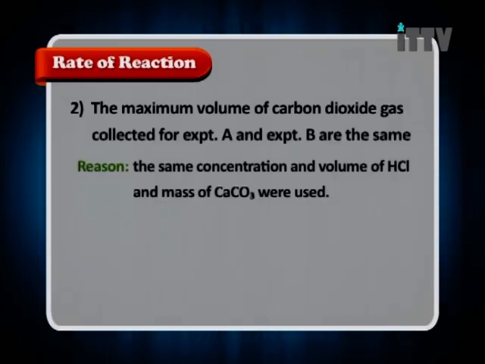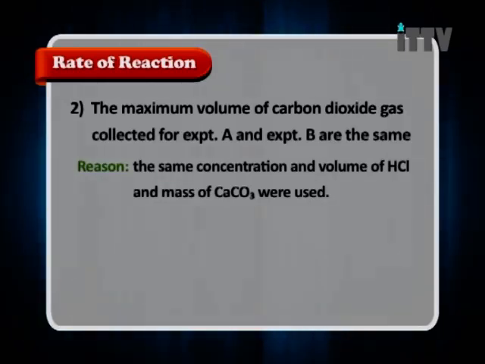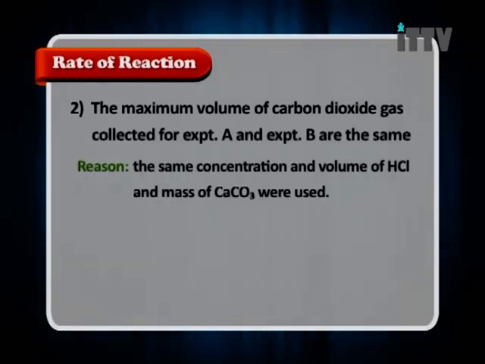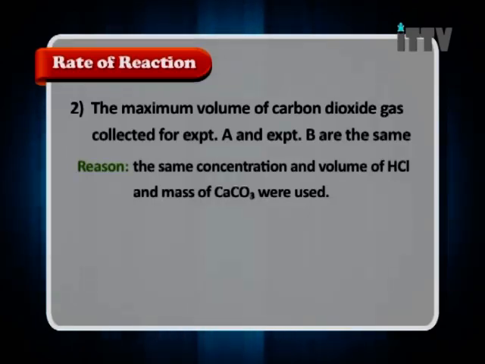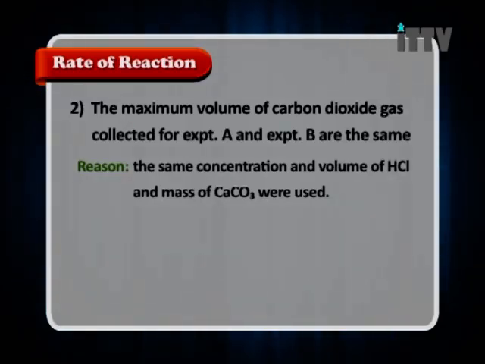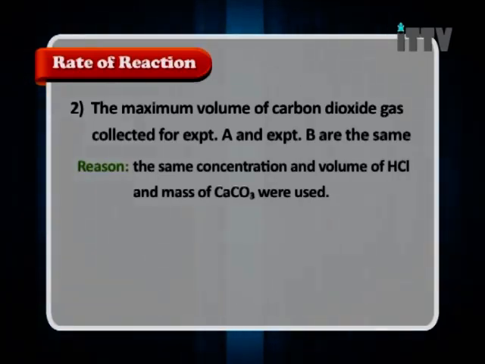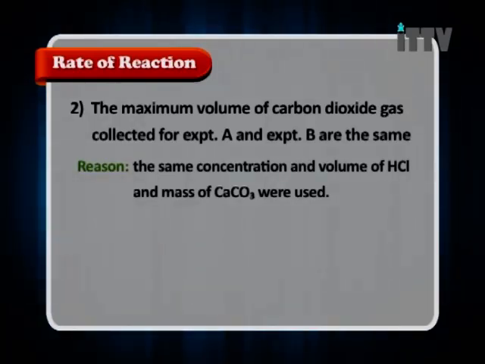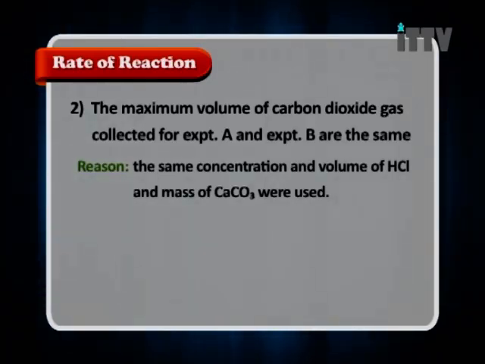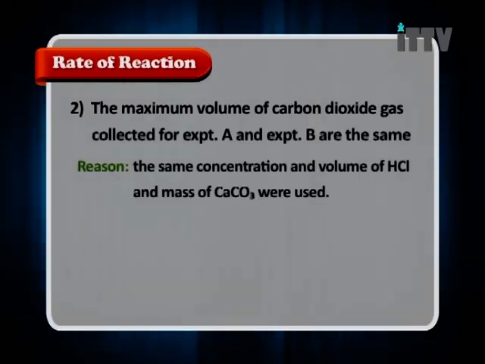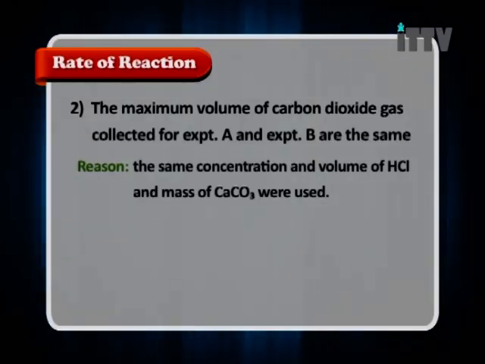Now, if we look back at the slides, we can conclude that in 4 minutes, the maximum volume of carbon dioxide gas collected for experiments A and B should be the same. Reason being, the same concentration and volume of HCl and mass of calcium carbonate were used.